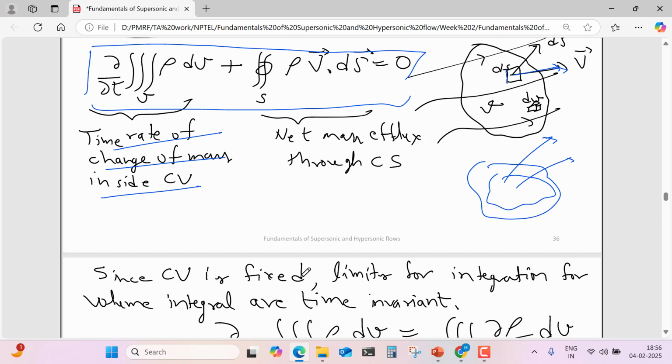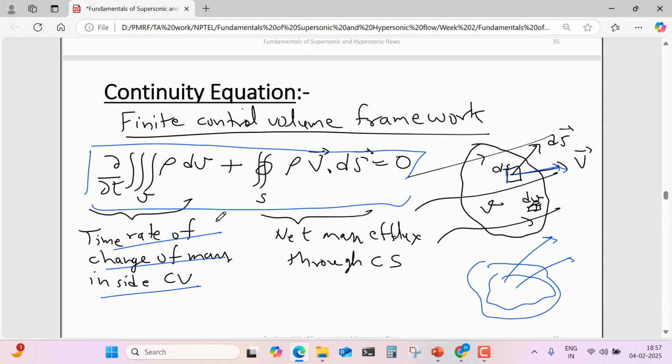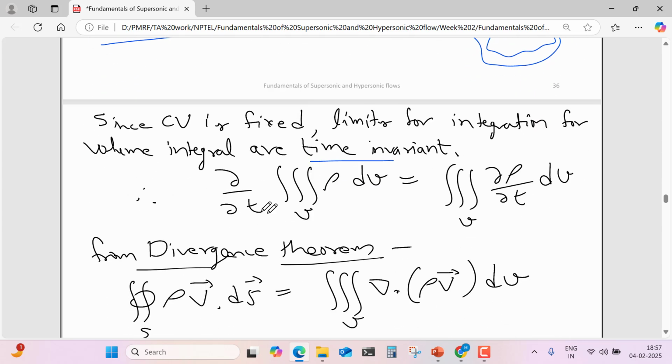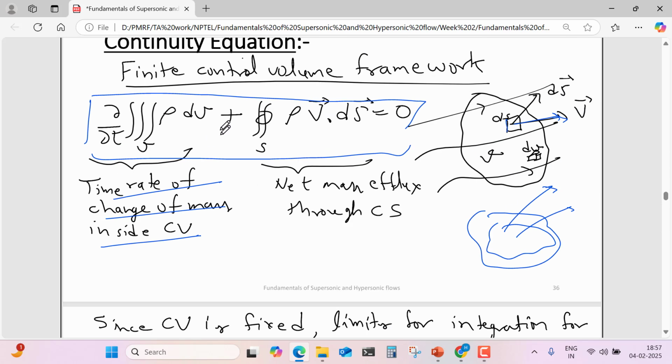Now, since the control volume is fixed, the limits of integration for the volume integral are time invariant. Whatever limits are there for the control volume, this does not change with time. So this derivative can be taken inside and it becomes dou by dou t of rho dV. For the second term, this is the volume integral and this is the surface integral, so we will also convert the surface integral to a volume integral because this is a closed surface.